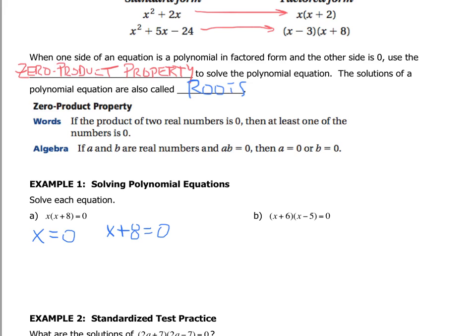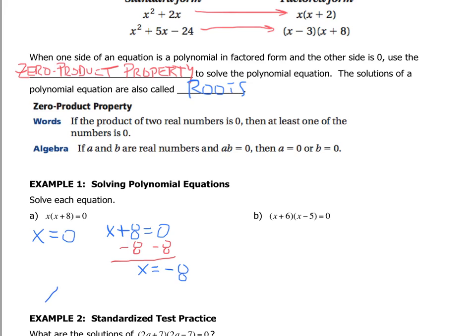We have two solutions, kind of like when we did our absolute values. One solution is x equals 0, there's nothing else to do. The second one, I do have to do a little bit of work, and we just use our regular inverse operations to switch it over to say that x could also be negative 8.